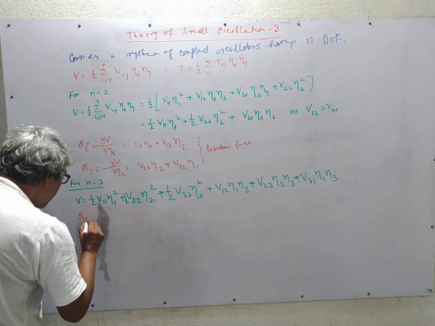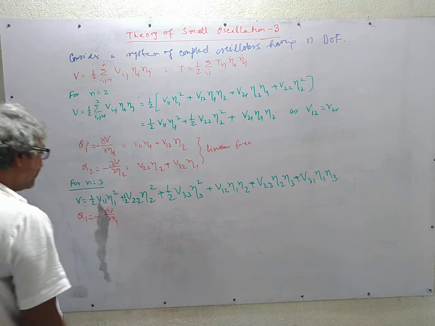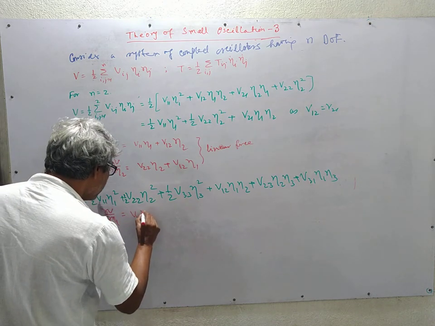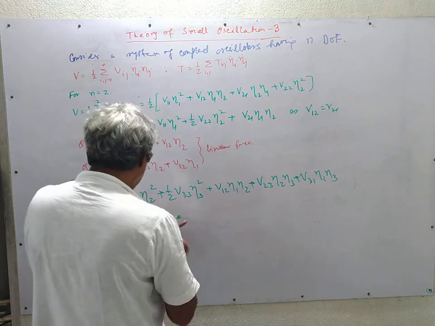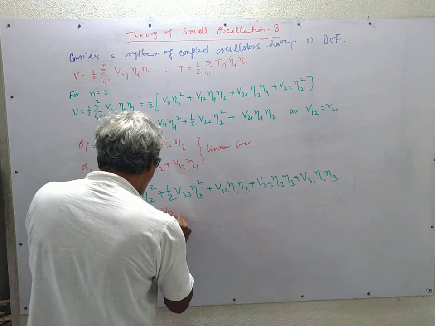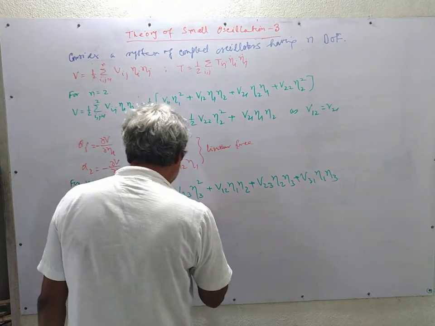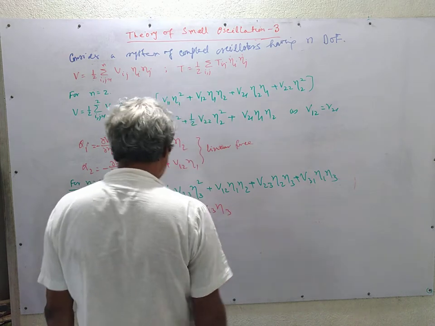Q1 is equal to minus del V del eta 1. It is V11 eta 1. Then the cross term comes from here. This is V12 eta 2, and then from this one V13 eta 3.